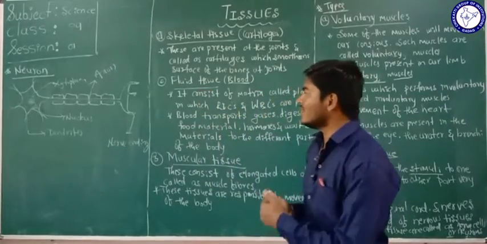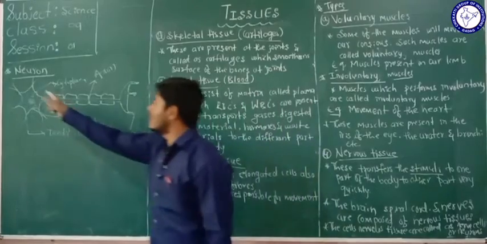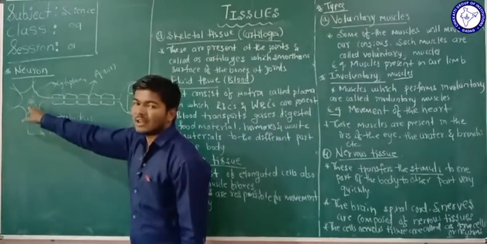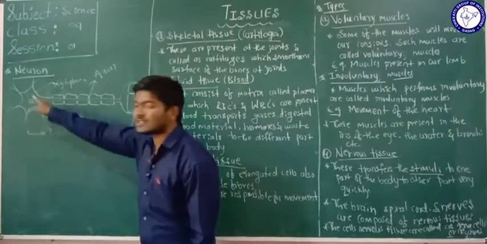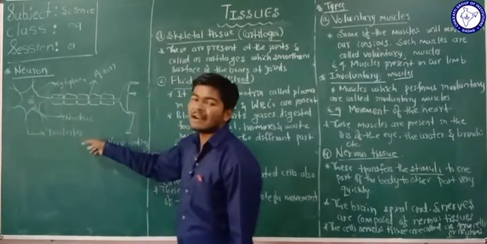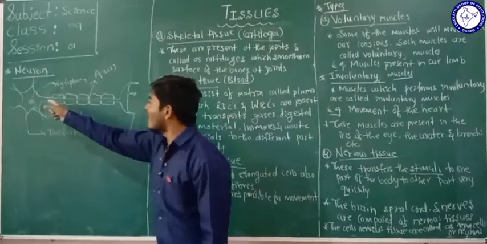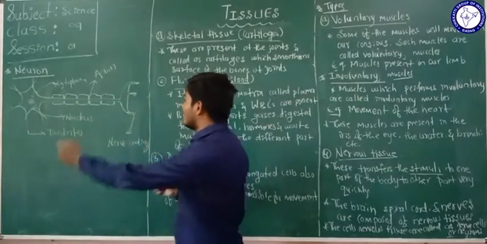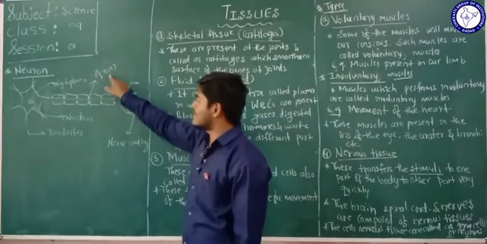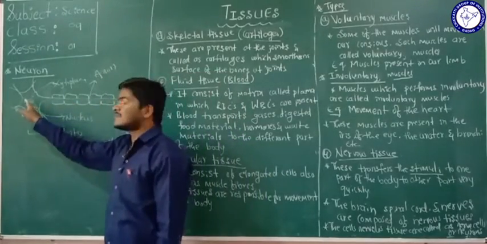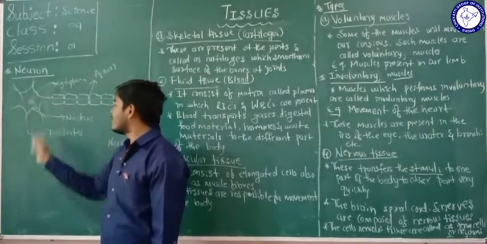Now, this is the structure of the neuron. It contains a cell body with a nucleus, and it ends with hairy-like structures called dendrites, and one long elongated extension runs towards the end part, which is called an axon. The nucleus is present at the center of the neuron cell.